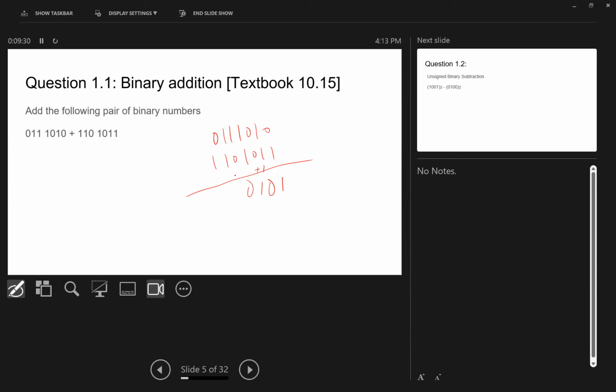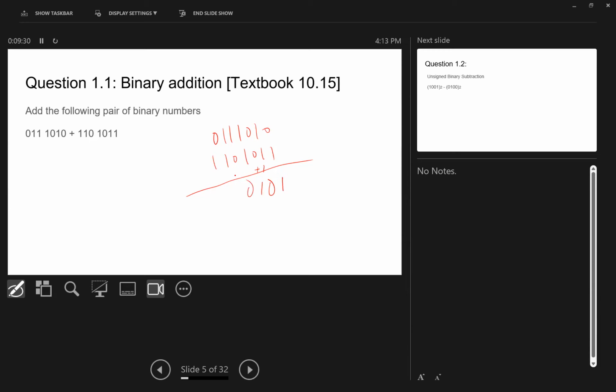Okay, and actually, this question is just trying to help you for quiz 1. It's really simple, right? Because we can just do similar things as decimal addition.